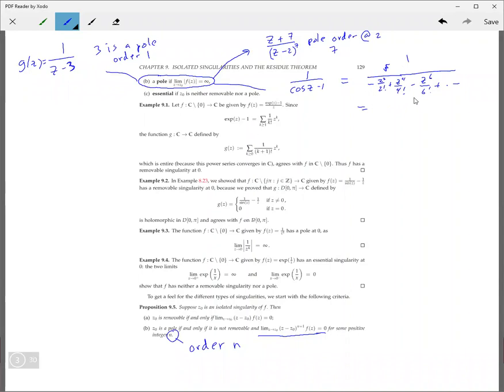But down here I can factor out a z squared. So z equals 0 is a pole of order 2. Okay, so those are a few examples of poles.